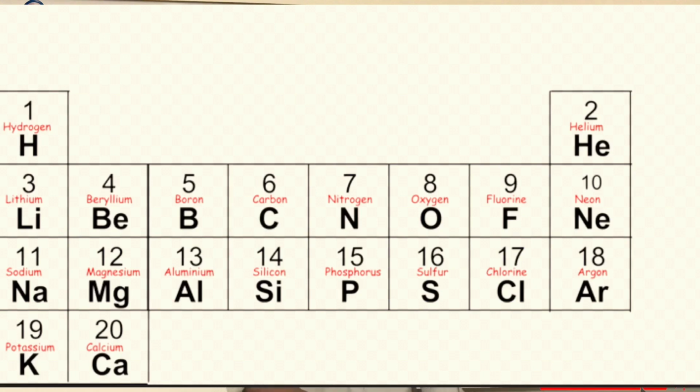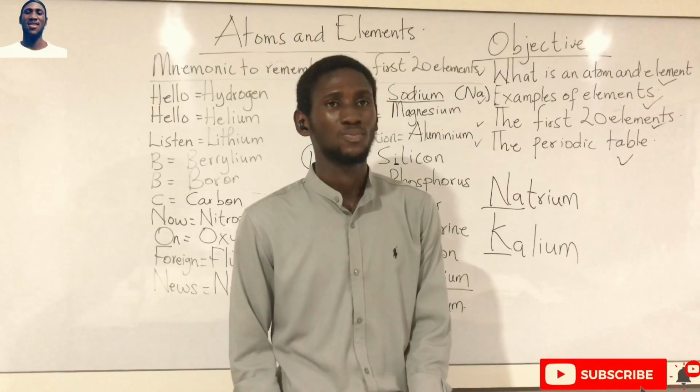Period 3, we have sodium, magnesium, aluminium, silicon, phosphorus, sulfur, chlorine, and argon. Period 4, we have potassium and calcium.